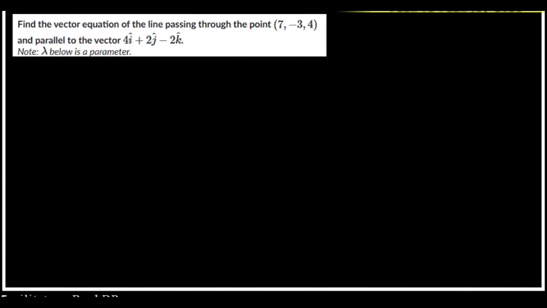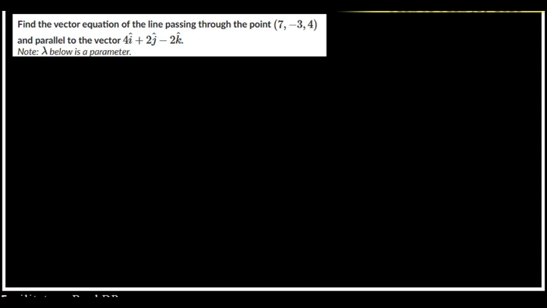Let's look at some examples. The first example: find the vector equation of the line passing through the point 7, 3, 4 and parallel to the vector 4i plus 2j minus 2k.